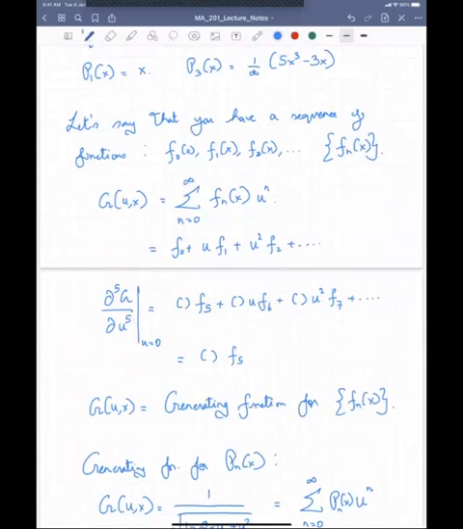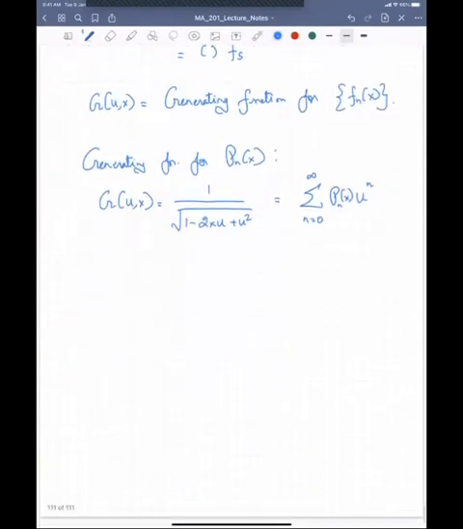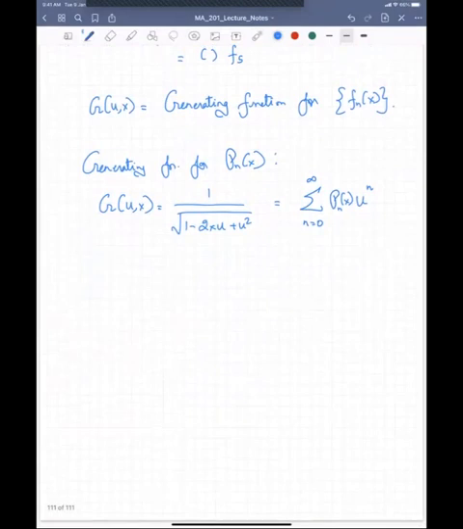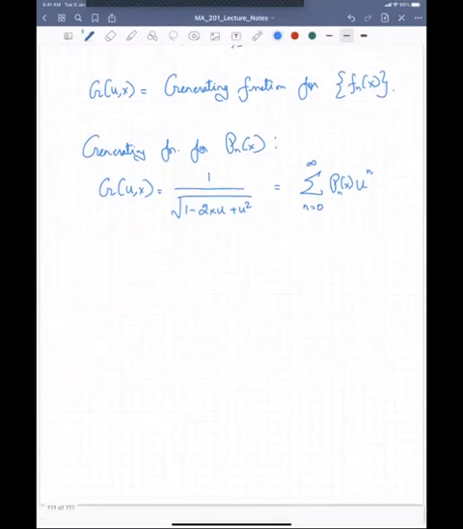So the idea was to write down a function which can have a series representation in some parameter u whose coefficients are the functions that you want to generate. So my claim is that this G, which I've given in a very neat and compact form, is basically the generator of the Legendre polynomials. Okay, so this is a tall claim and I'll have to justify it somewhat. So I will try and justify this claim.